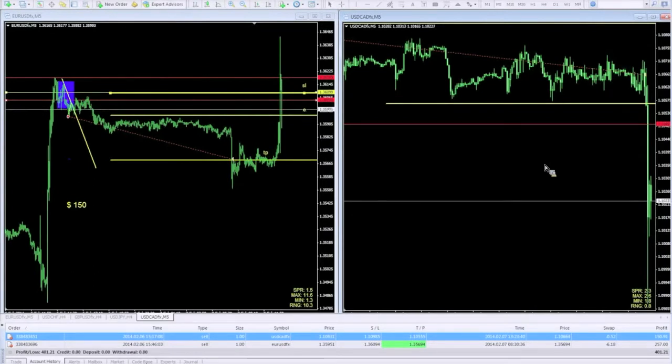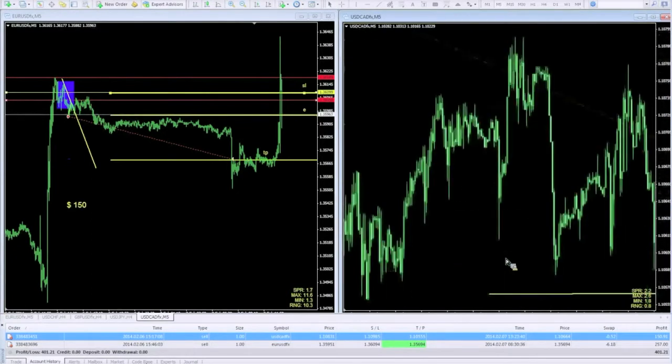All right. And normally I don't tighten stops before NFP. I'm either all in or all out. Because if you look here, Richie, at my spread indicator, it went back to normal.